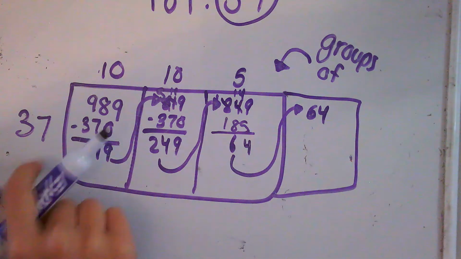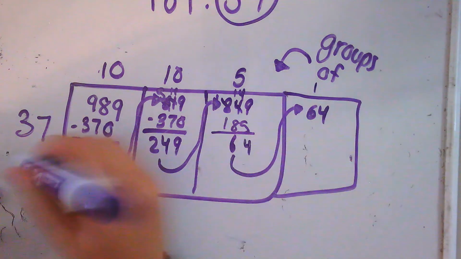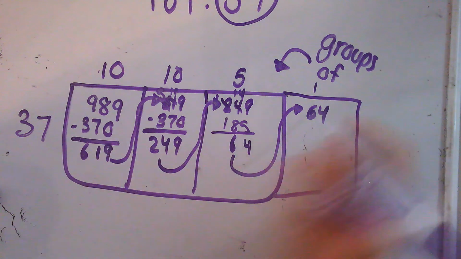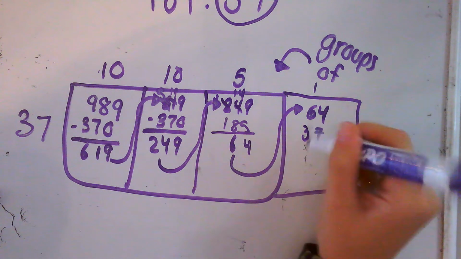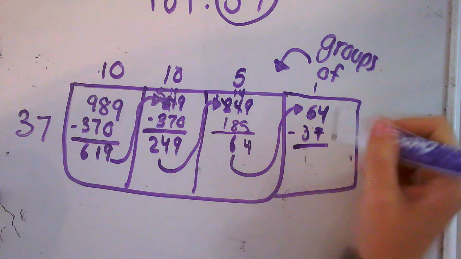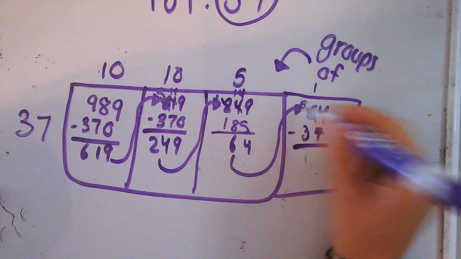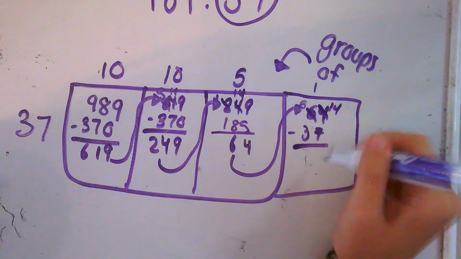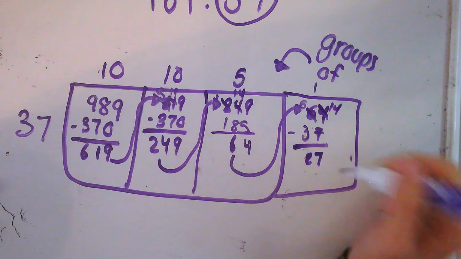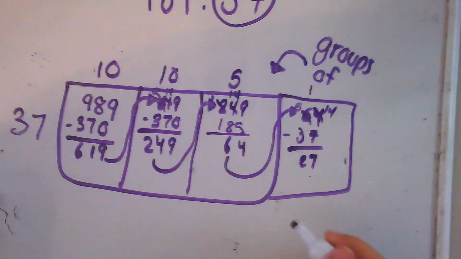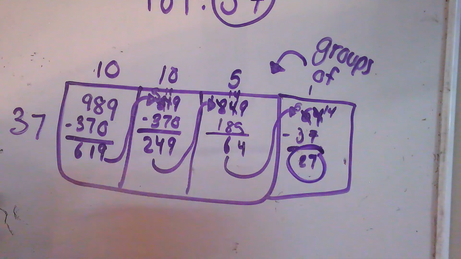So I can actually only fit in one group of 37. And we know one group of 37 is 37. Let's see what's left. I'm left with 27.